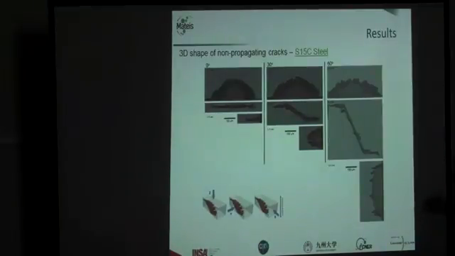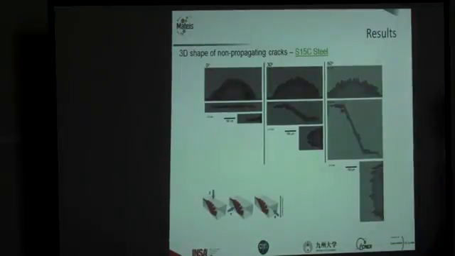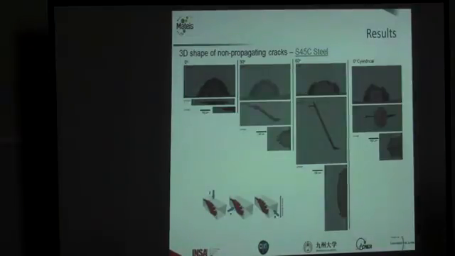And in the case of the 60 degrees defects, if we see it in the axis of the specimen, we can see that there are different cracks growing from the same initial defect. In this case, it's more clear.